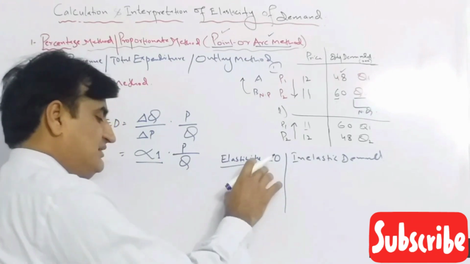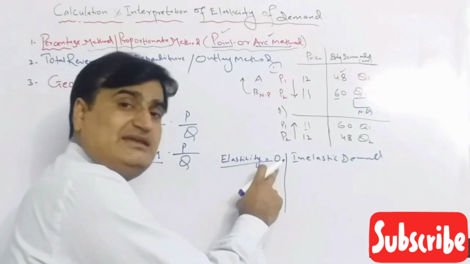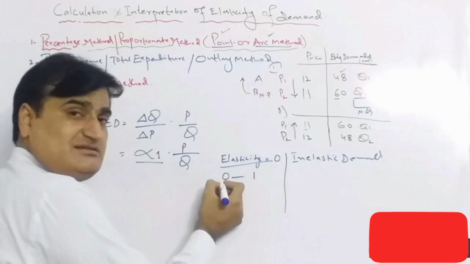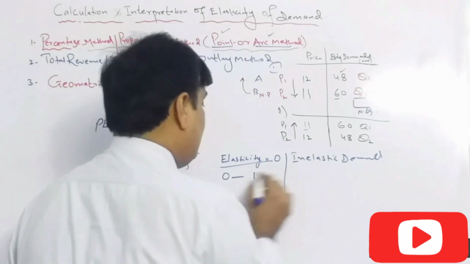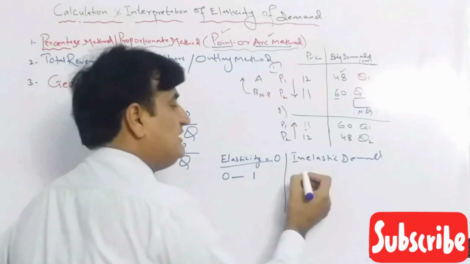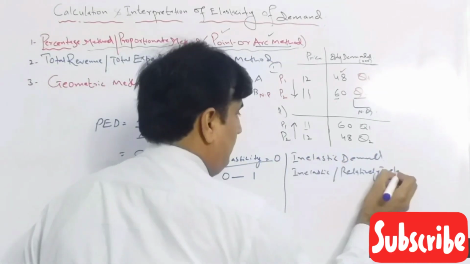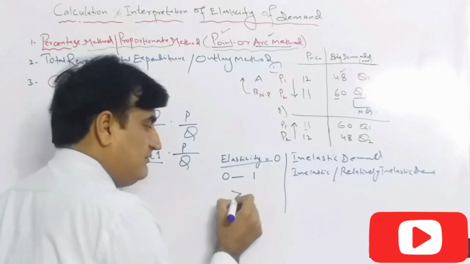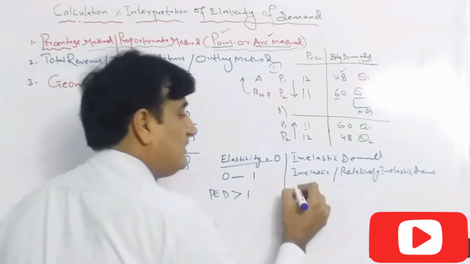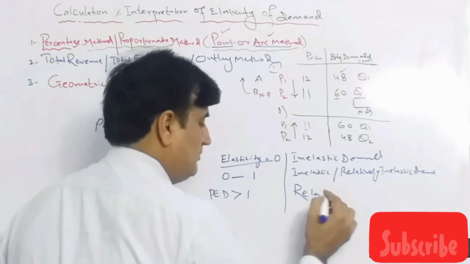We are going to understand how to interpret the elasticity. When the value of the elasticity is 0, it means it's an inelastic demand. When the elasticity is between 0 and 1, it means it's an inelastic or relatively inelastic demand. When the value of the elasticity is greater than 1, it means it's a relatively elastic demand.